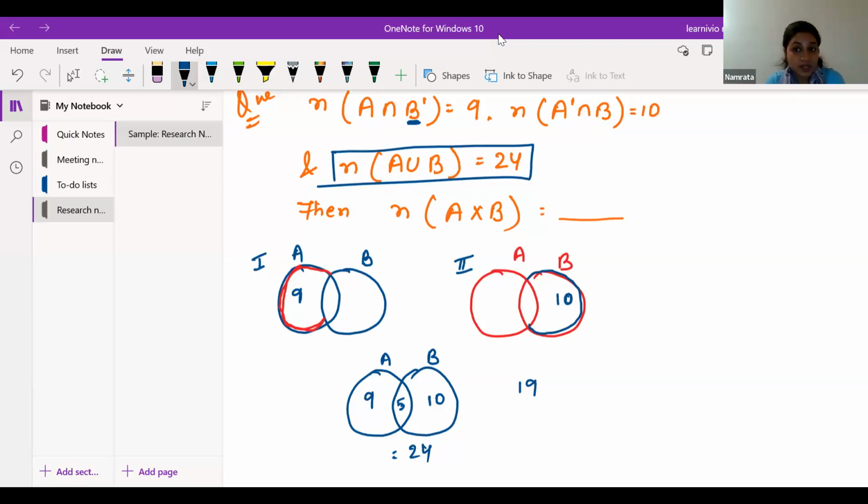Now we have to find A cross B. Yes, Izan, you will say. How to find A cross B? We got the perfect structure. You know what is A, you know what is B, you know everything. The union, intersection, everything is crystal clear over here in the Venn diagram.